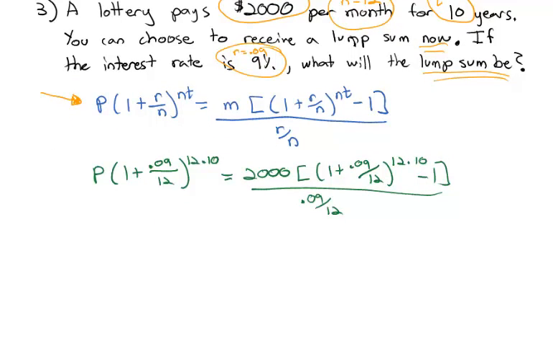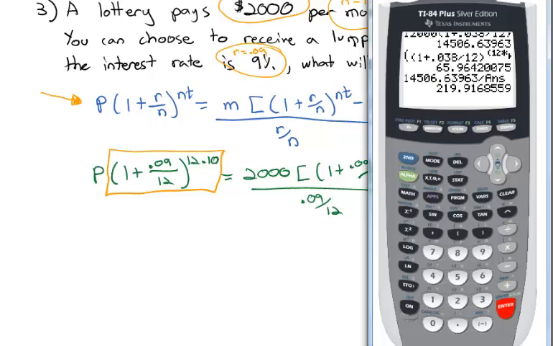So in this case, we're solving for our P. Again, we're going to have to put both sides into the calculator. It doesn't matter which side we do first, but we have to type in our answer very exactly.